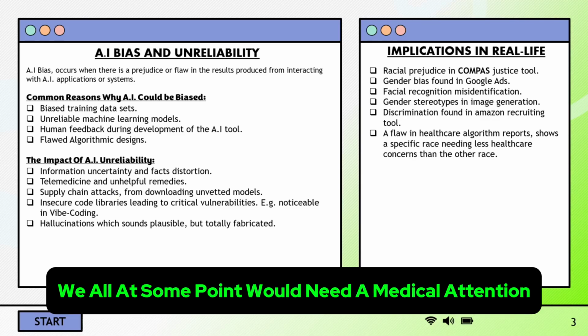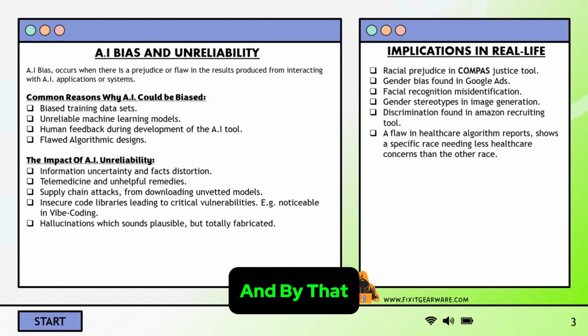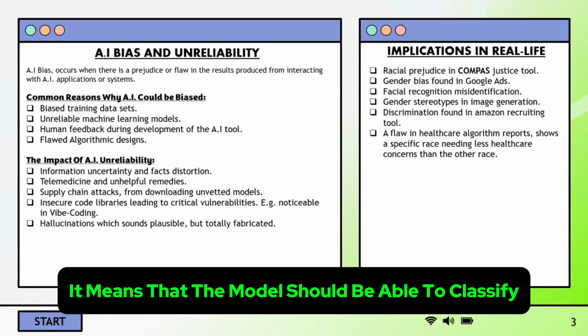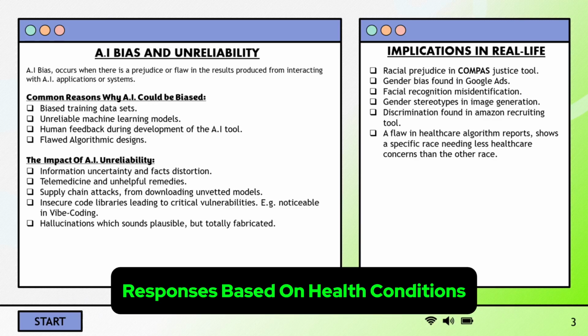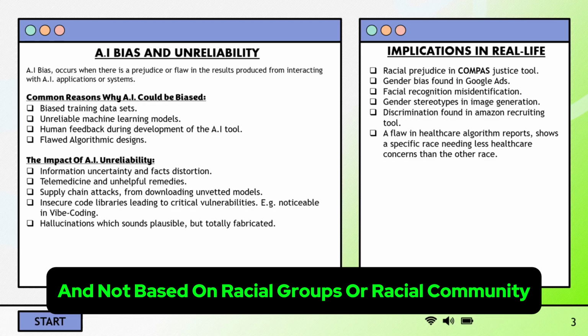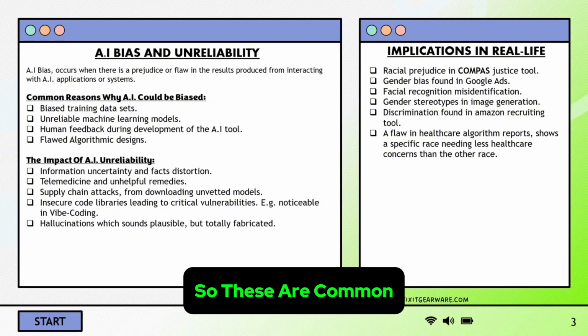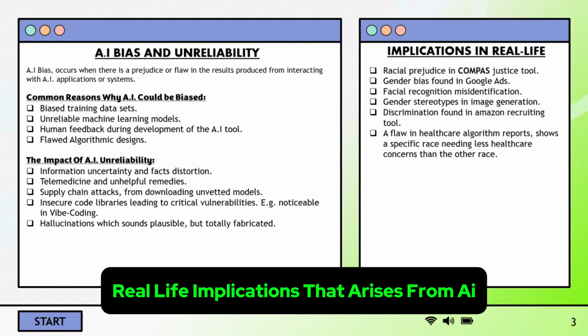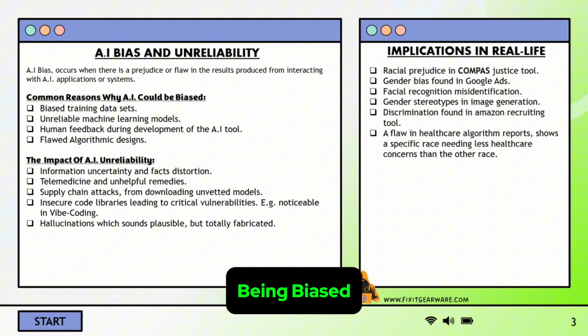We all at some point would need medical attention. By that, it means the model should be able to classify responses based on health conditions and not based on racial groups or racial community. So these are common real life implications that arise from AI being biased.